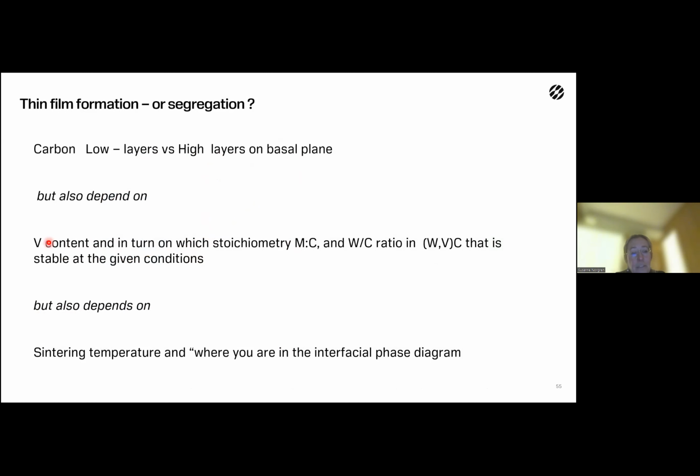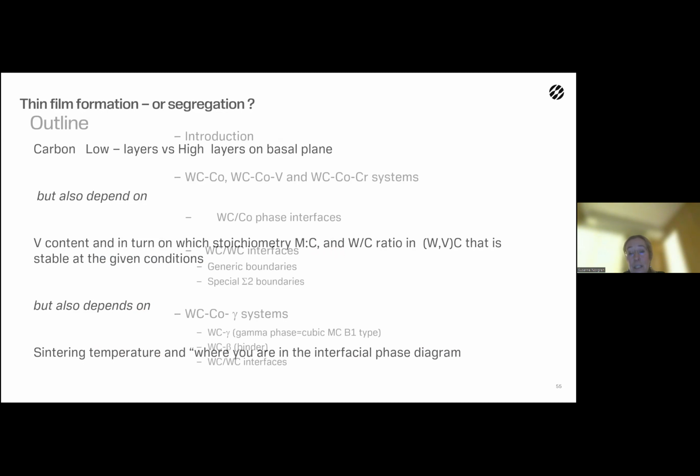But it also depends on, of course, the vanadium content in relation to the tungsten carbide grain size, and in turn also the stoichiometry of the vanadium tungsten carbide. But it also depends on the sintering temperature and where you are in the interfacial phase diagram. So I would say that this is where we are when it comes to understanding the grain growth inhibitors.